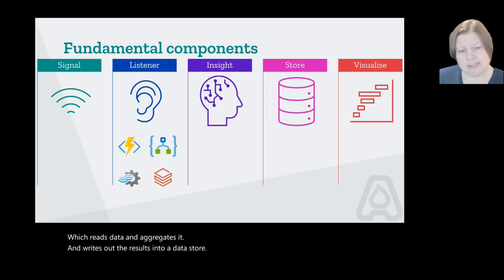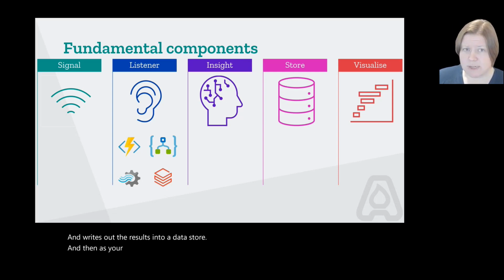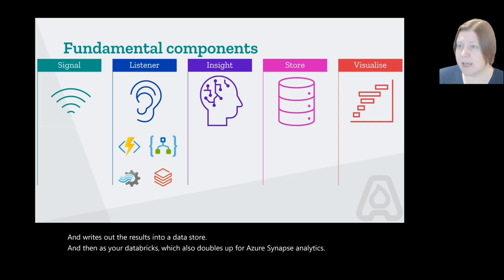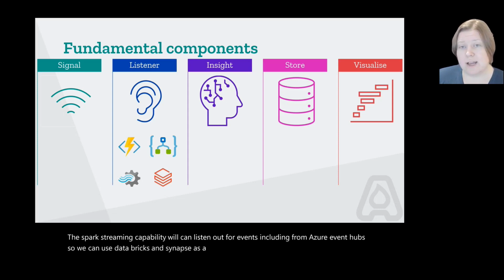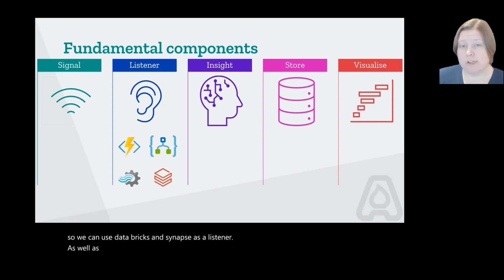And then Azure Databricks, which also doubles up for Azure Synapse Analytics. The Spark streaming capability can listen out for events, including from Azure Event Hubs. So we can use Databricks and Synapse as a listener, as well as for their broader Spark and SQL capabilities.